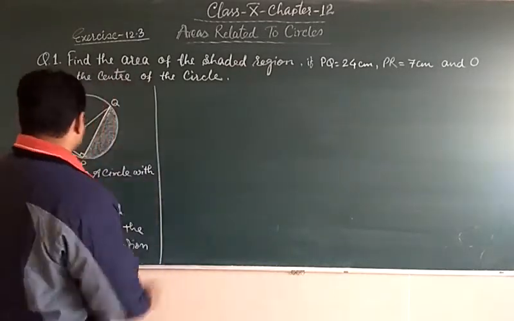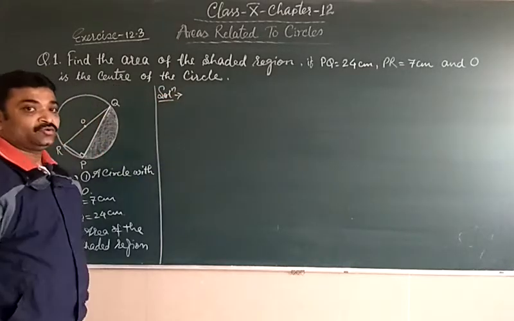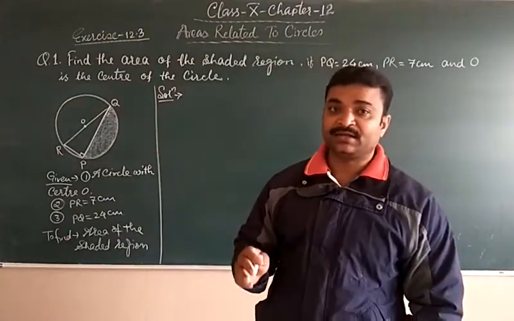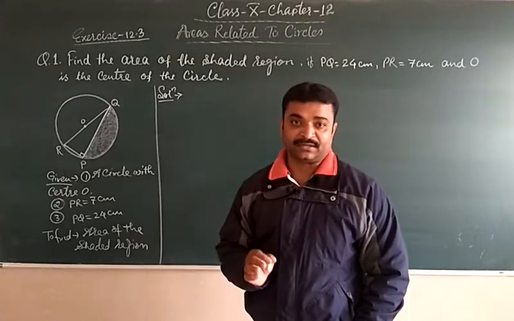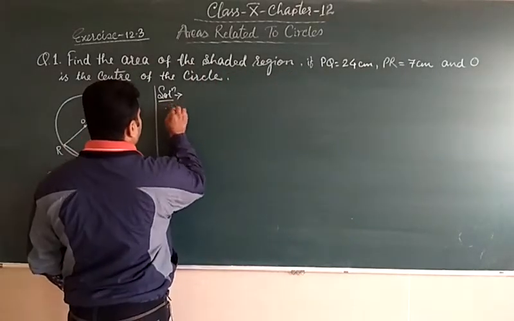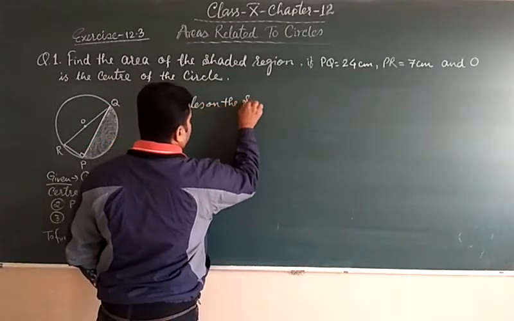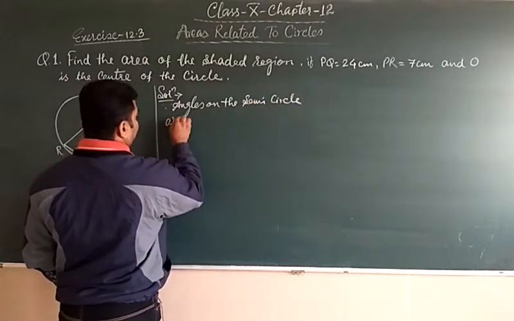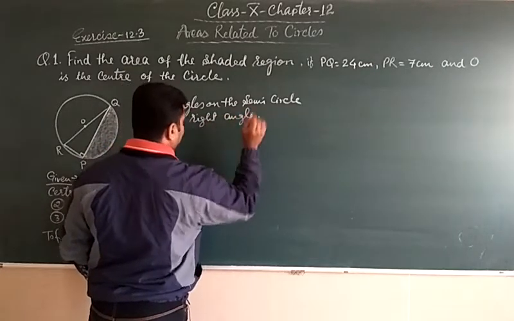Okay. So students, you all know, we have learned in class 9th that angles on the semicircle are right angles. We will write here: since angles on the semicircle are right angles.